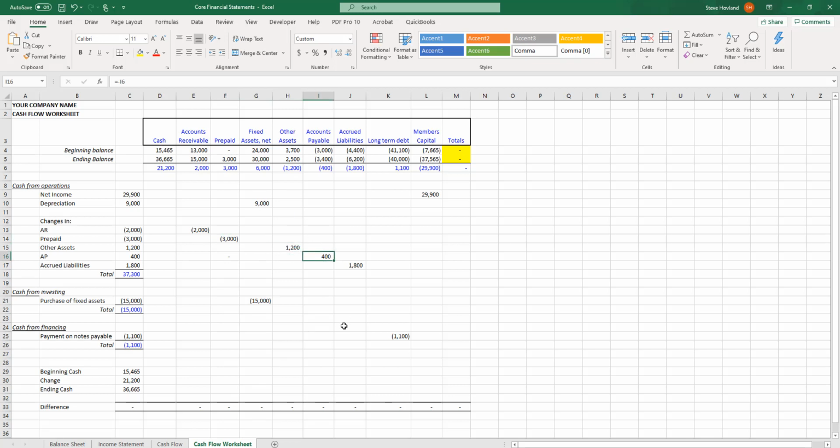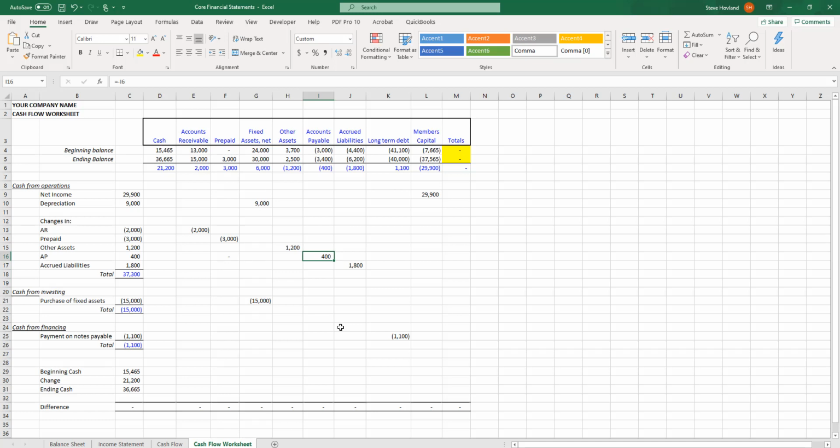concept. Accounts payable. Now always remember, the accounts payable change is going to be the opposite of your accounts receivable change. And that's going to help you as you go down the road. If accounts receivable goes up, that means you had sales, but you didn't get the cash yet, so your cash didn't go up.